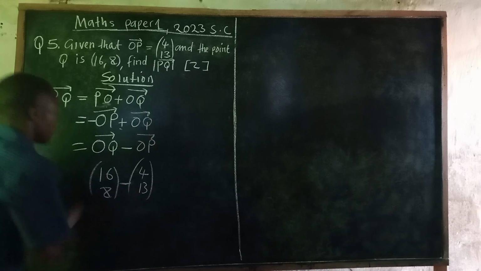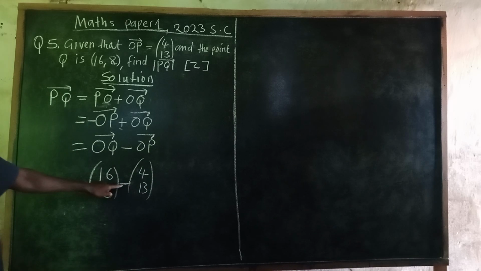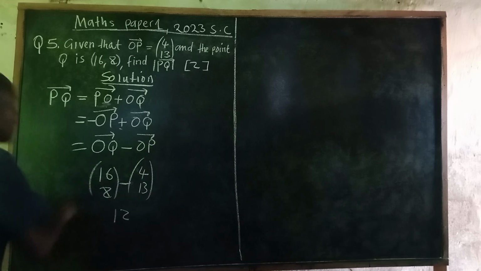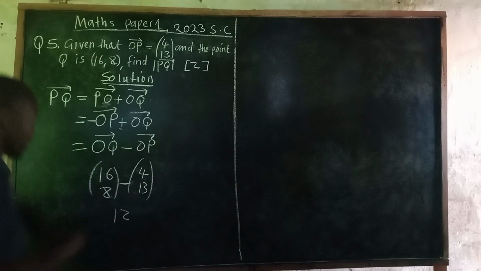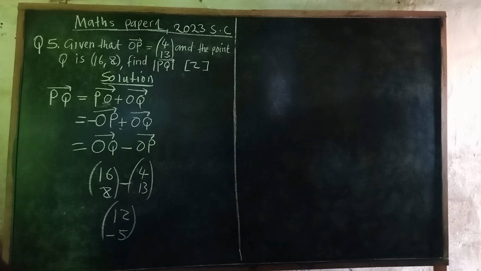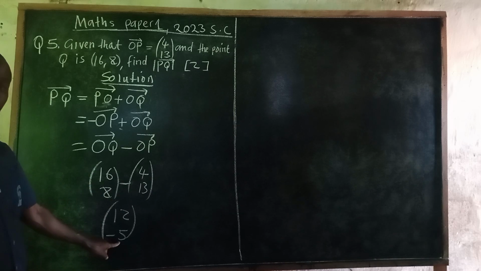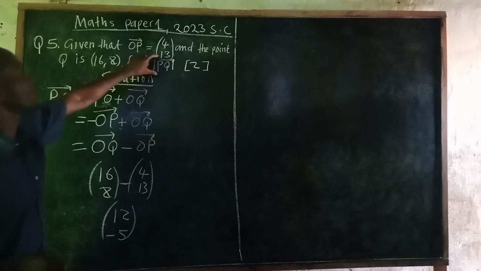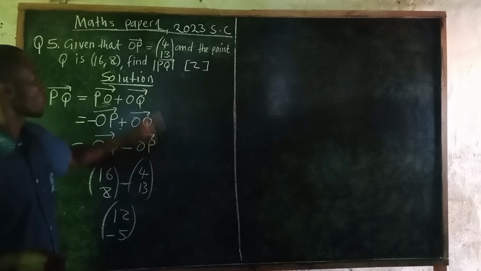Then we subtract. 16 minus 4, the answer is 12. Then 8 minus 13, the answer is negative 5, because we are subtracting the bigger number from the smaller number, so the answer will have a negative sign. So this is 1 mark.